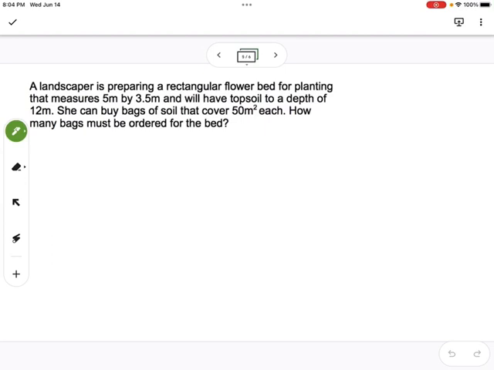Next question. A landscaper is preparing a rectangular flower bed for planting that measures 5 meters by 3.5 meters and will have topsoil to a depth of 12 meters.